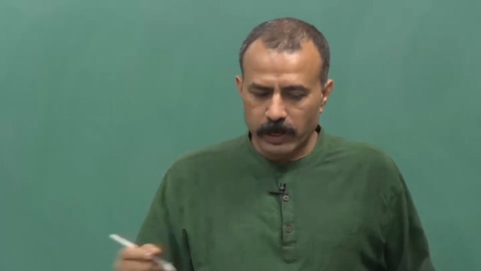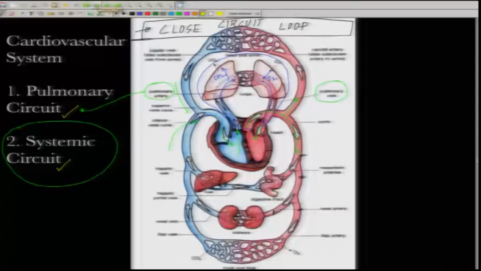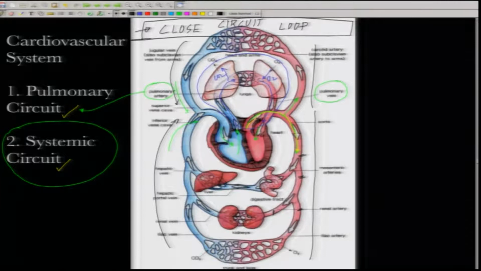And with the force with which it is pumping, if you look at this picture itself, it will be clear. The force with which it is pumping has to ensure that the blood reaches all over the body and comes back in one shot. That is not something so easy.